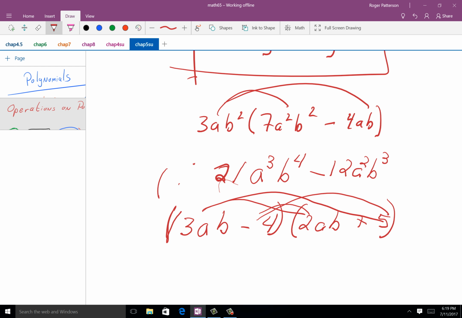Okay, so first times first, that's going to give us 6a to what power would that be? Second. And b to the second. Good. Alright, now we're taking the 3ab times the 5, so that's going to be plus. Sorry, that's a plus. It doesn't look like it, does it?